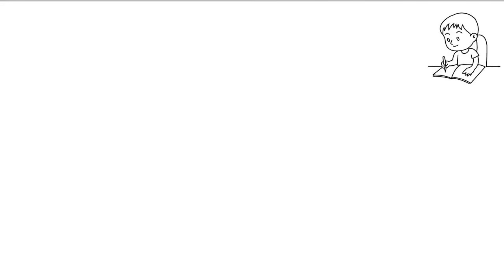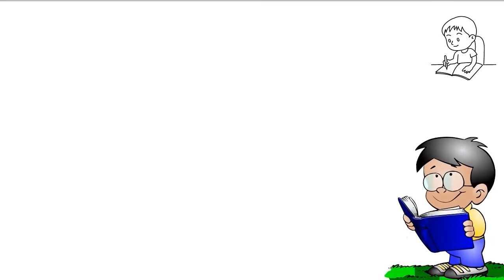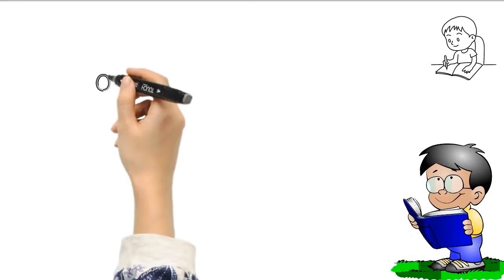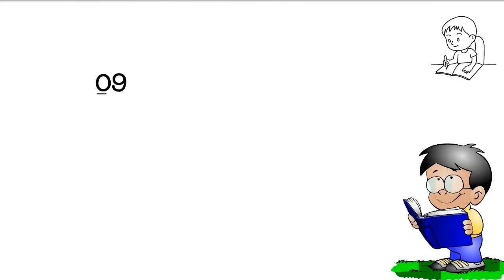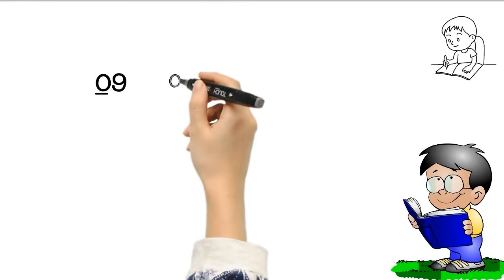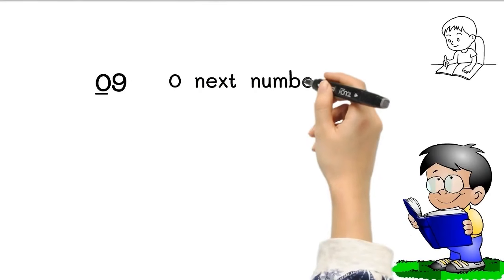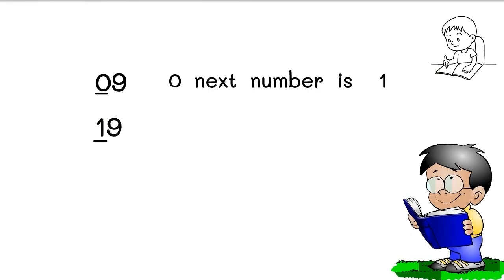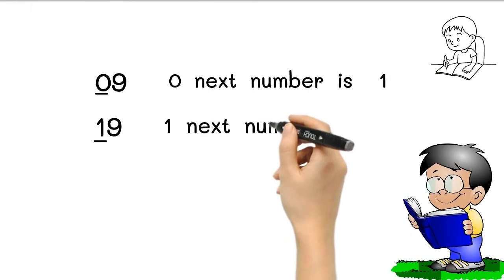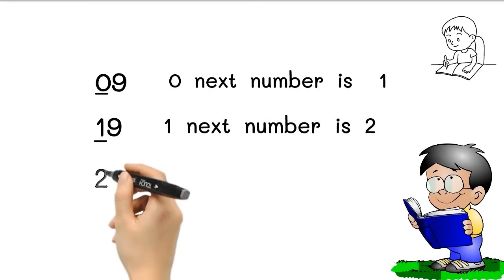According to the sutra, we have to take the next number of the tens place digit. Here, the first number given is 9. The tens place digit is not there, that's why we will consider it 0. So, if we take 0 as the tens place digit, then the next number of 0 is 1. For 19, the tens place digit is 1, so the next number of 1 is 2.